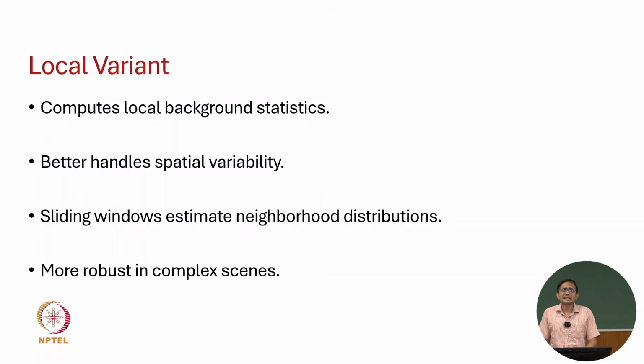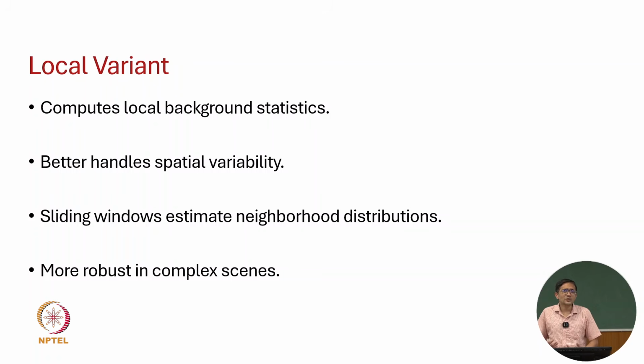The local variant can be somewhat more robust in complex scenes where there is strong variation, like an urban area next to a suburban forest, and variation among the urban areas too. In this kind of strong spectral variation, the local variant can be useful.